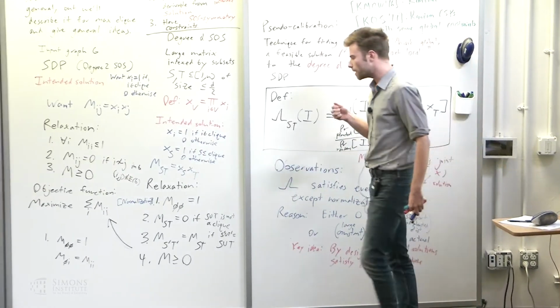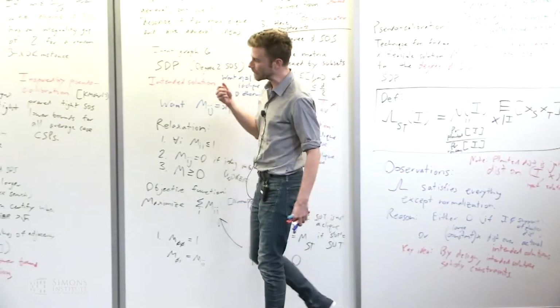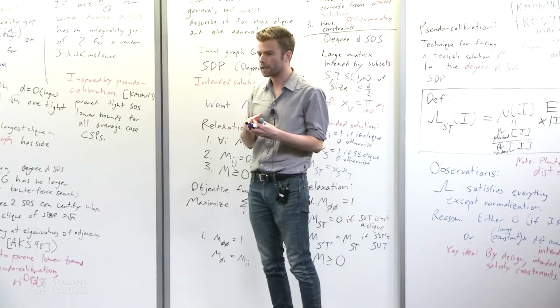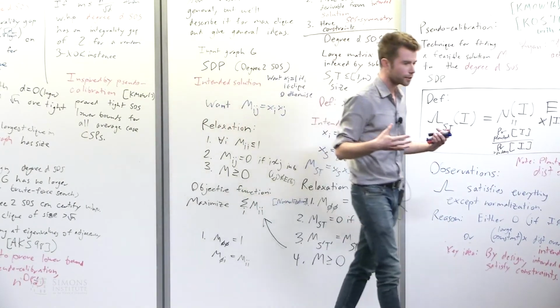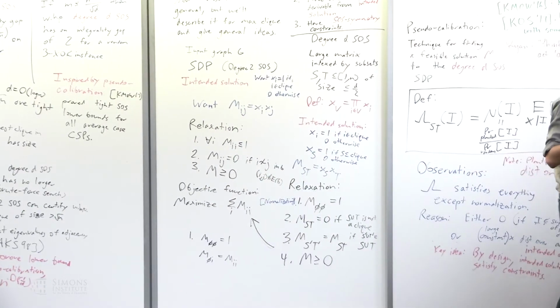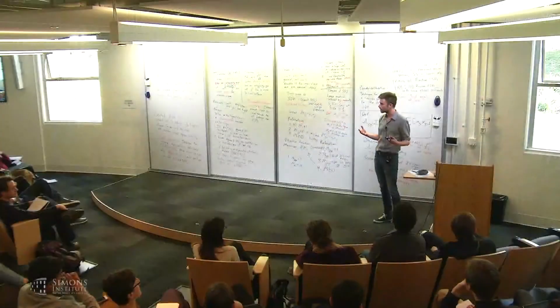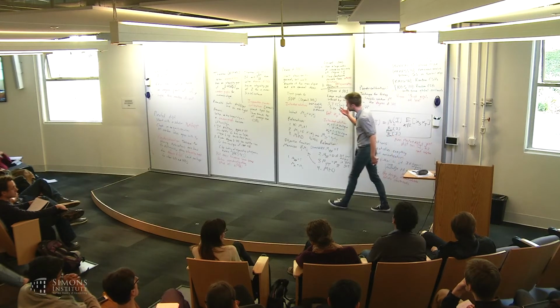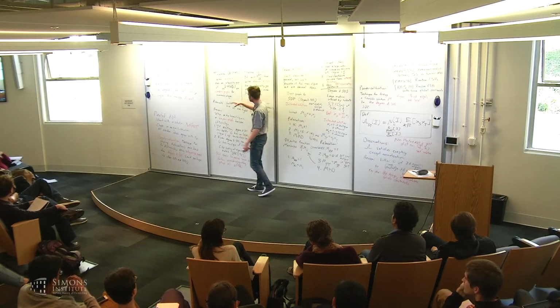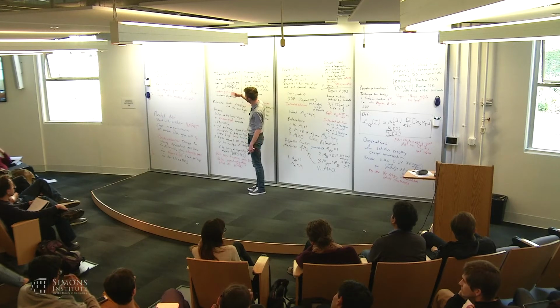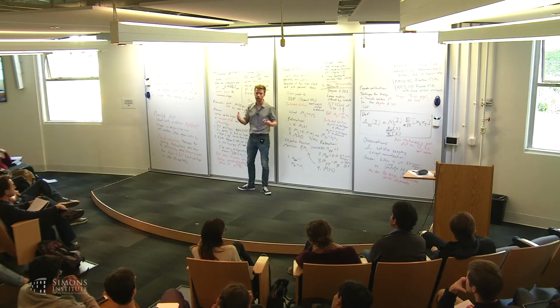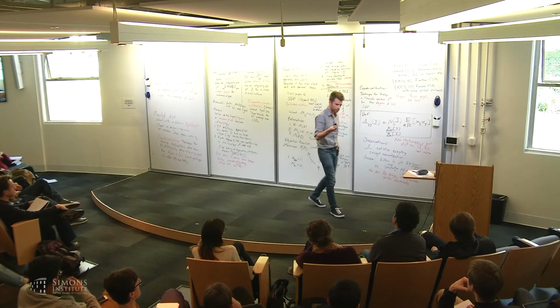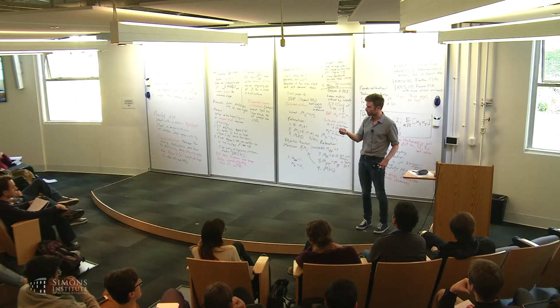In the pre-pseudo-calibration era, constructing such a moment matrix was a very difficult creative task. It was not at all clear how you should choose the entries of this matrix. If you want a generic construction that works for a random graph, it was really not clear how the entries of this moment matrix should depend on a random input.